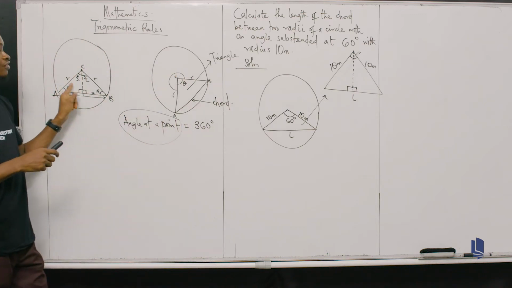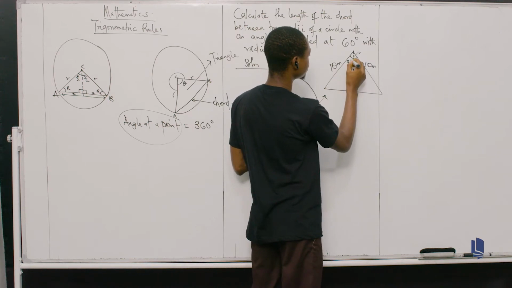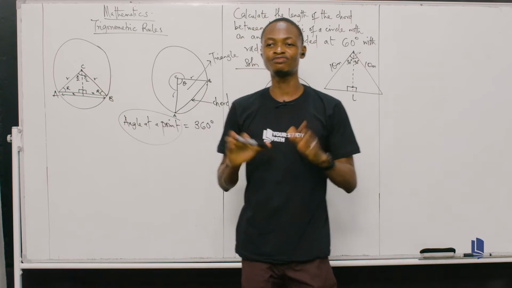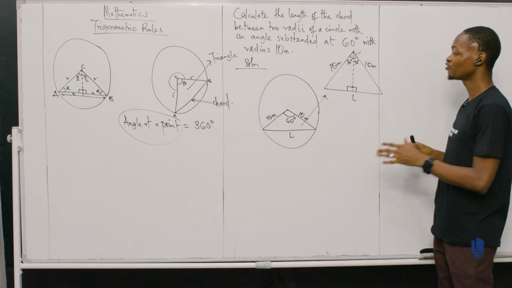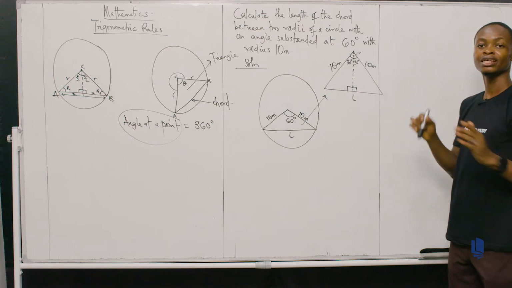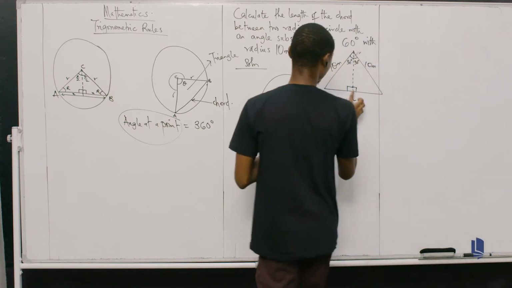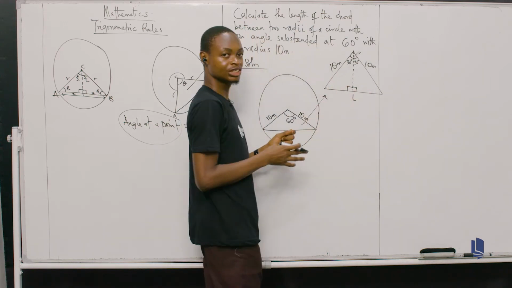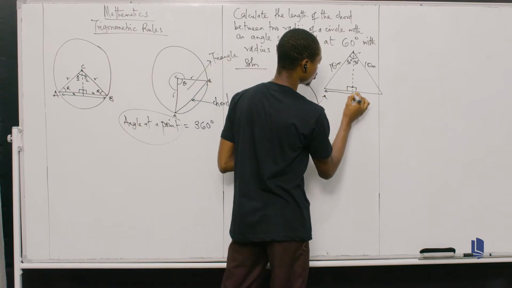So on this side, I will have 30 degrees, and then on this side, I will also have 30 degrees. That is the very first step that has to be done. I have to be able to bisect this isosceles triangle into two parts. By extension, it also means that in this chord, which is obviously the baseline, it splits into two equal parts.